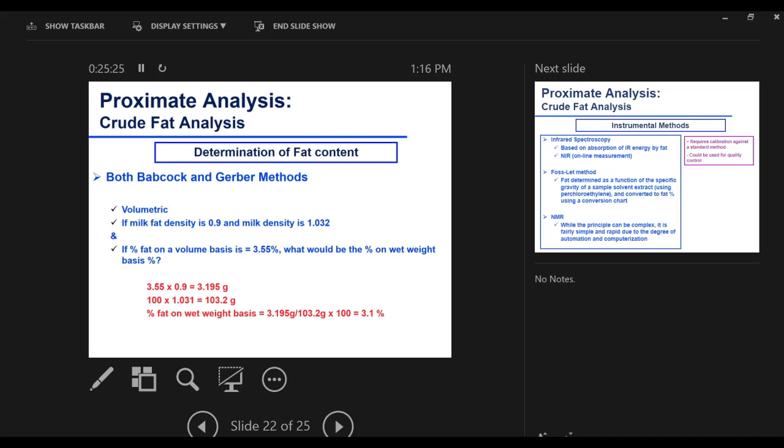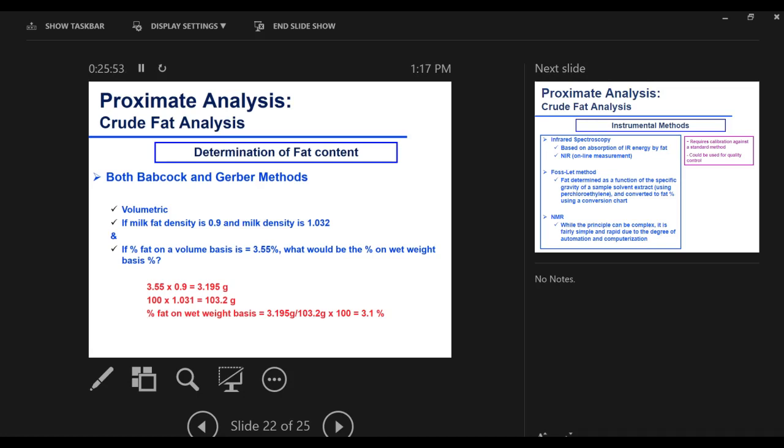The mass of fat is 0.9 grams per milliliter times the volume, 3.55 milliliters. This will give you 3.195 grams. So now I have the grams of fat in 100 milliliters of milk.